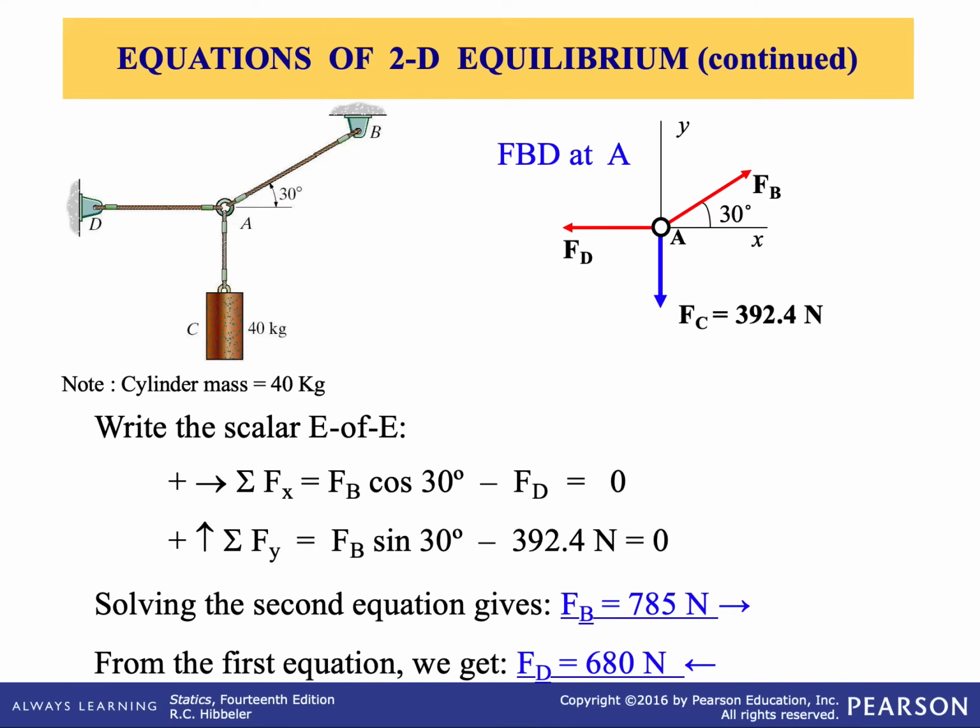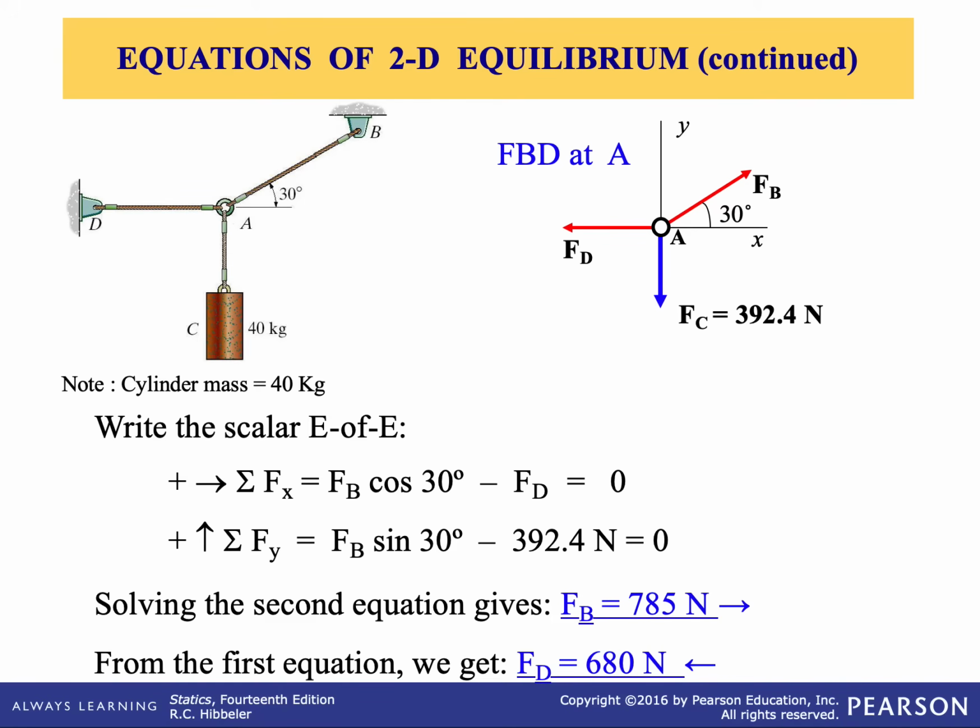And then you need to construct your equations of equilibrium, saying that the summation of forces on the x-axis should equal 0 and the summation of all forces on the y-axis should equal 0. And then you do substitution and elimination to find your unknowns. And that's what we did for FB and FD. So this is a quick example of the applications of free body diagrams and how we use them in constructing the equations of equilibrium.